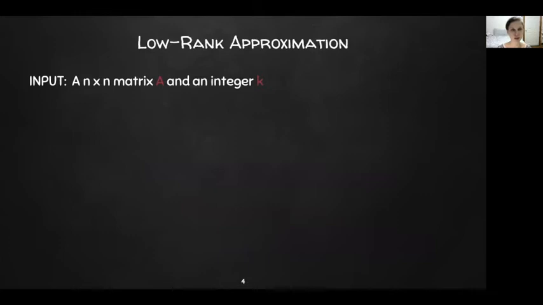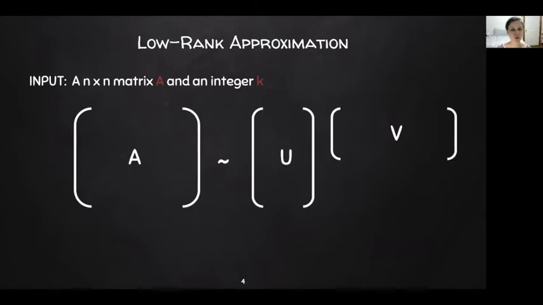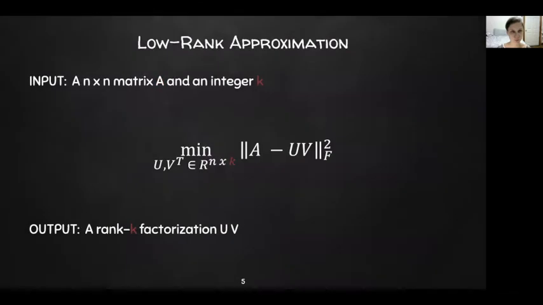Here, we are given as input an n by d matrix A and an integer k. The goal is to factor A into an n by k matrix U and a k by n matrix V such that the product of U and V is close to A. Note, this decomposition forces the product U times V to have rank at most k.